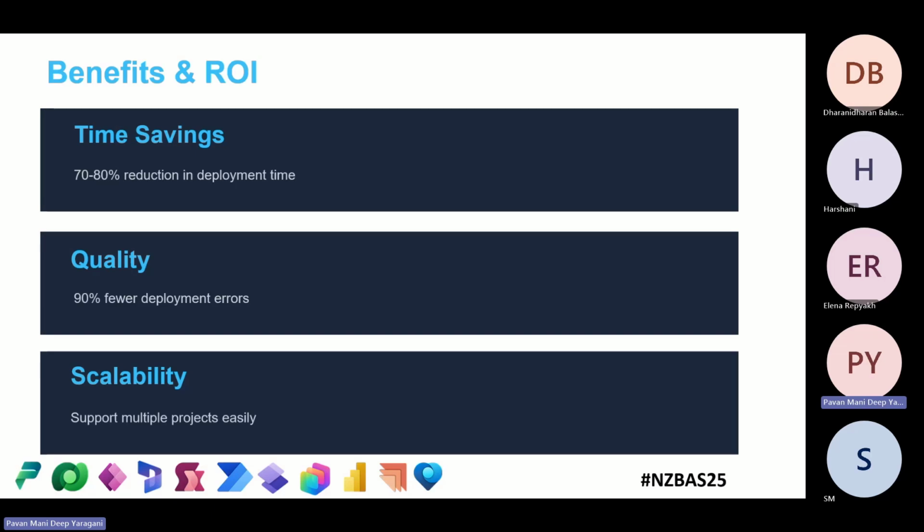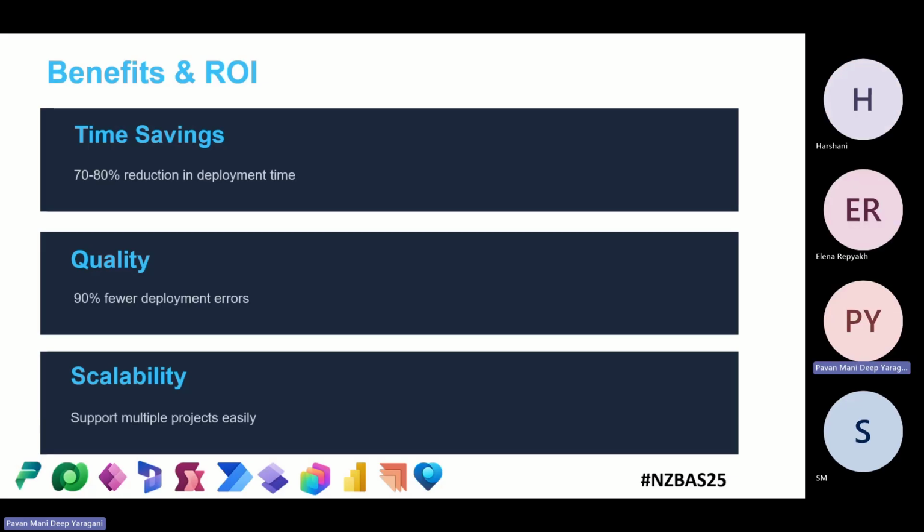The main thing was the deployment time reduction, and we were able to see a large reduction in the deployment time. The quality is obviously guaranteed because it's all well predicted and automated, and it runs at its specified time or whenever a commit is made to a repository, so there is no need for manual steps.